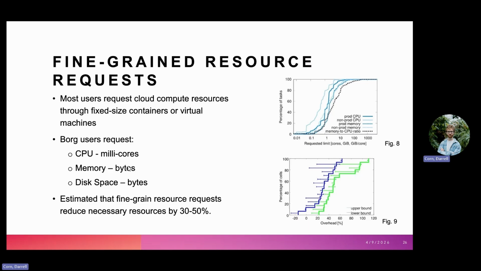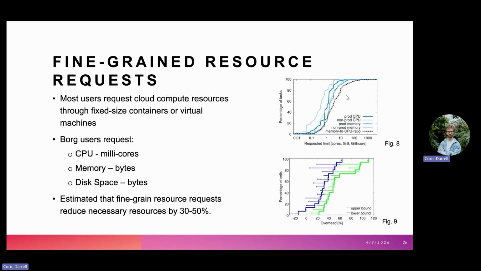And the authors estimate that this detailed level of resource allocation can reduce resources by as much as 30 to 50%. So figure 8 here is illustrating this exact point, and it's showing that a majority of these job requests would fall into many non-standardized buckets.